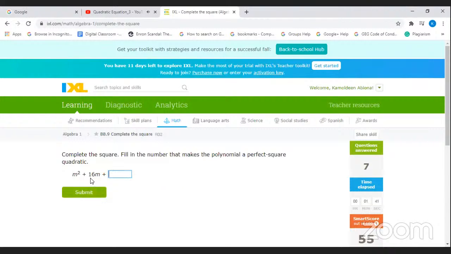So half of 16 is what? 8. Good. So what is 8 squared? 8 squared will give us 64. Half of minus 24 is what? Minus 12. Minus 12 squared will give us 144.